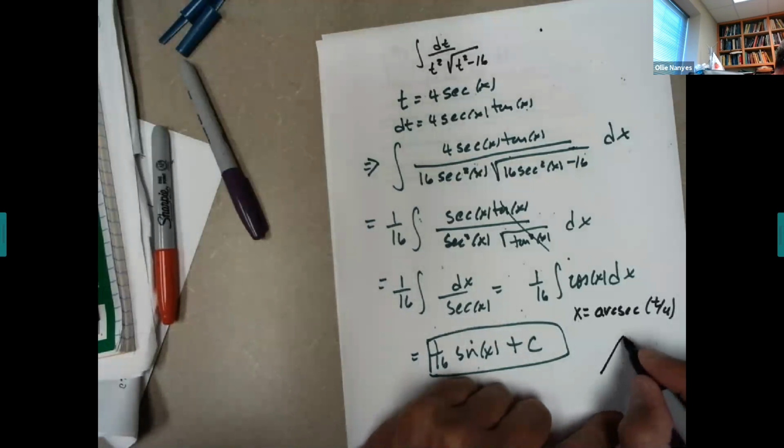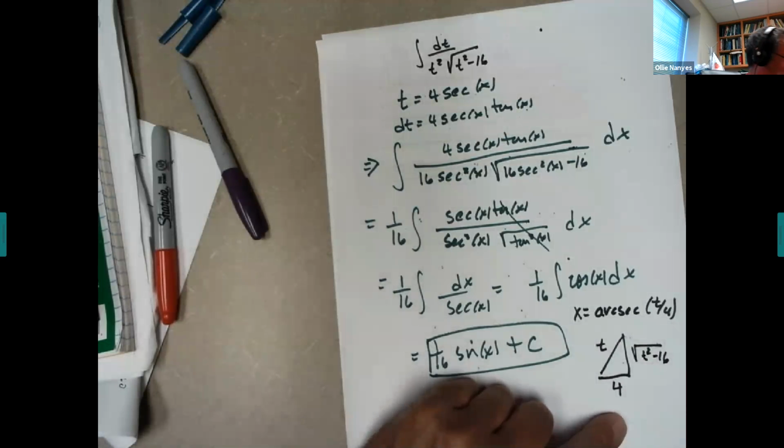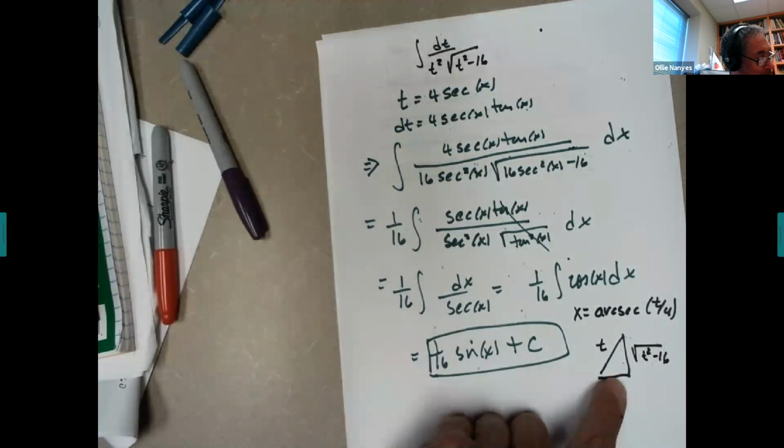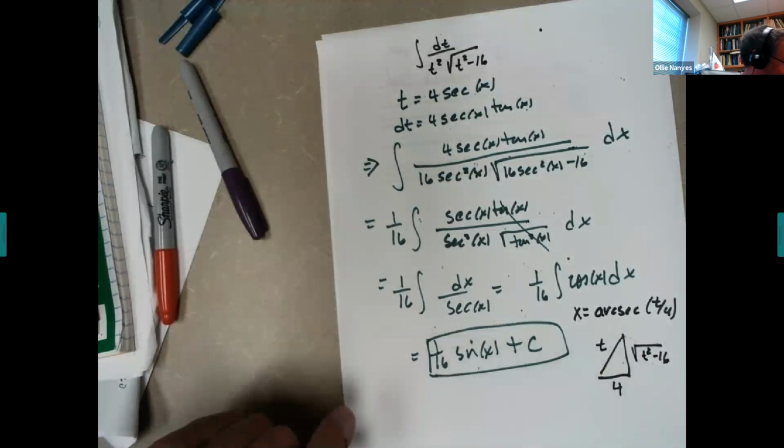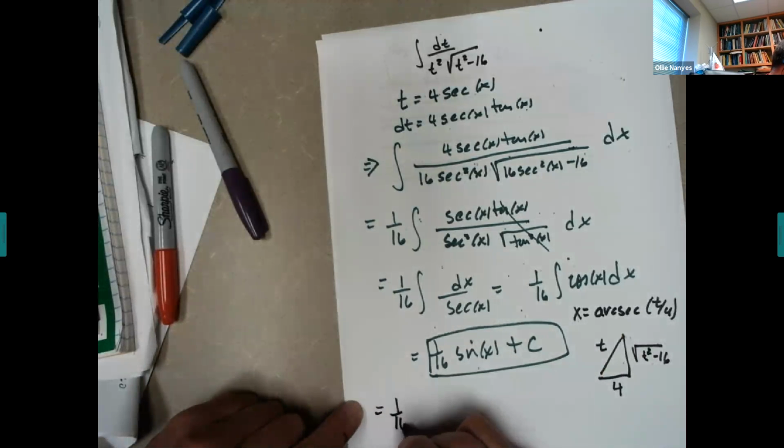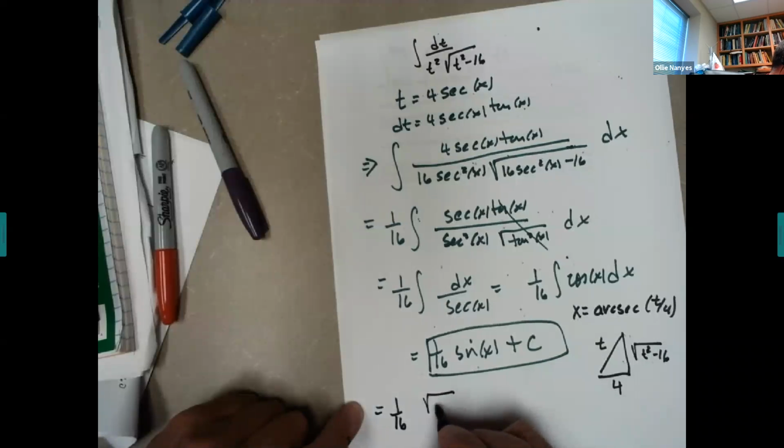Well, remember secant is going to be hypotenuse over adjacent. Pythagorean theorem says that's going to be t squared minus 16. And then sine of this angle is going to be this over hypotenuse. So the square root of t squared minus 16 all over the hypotenuse.